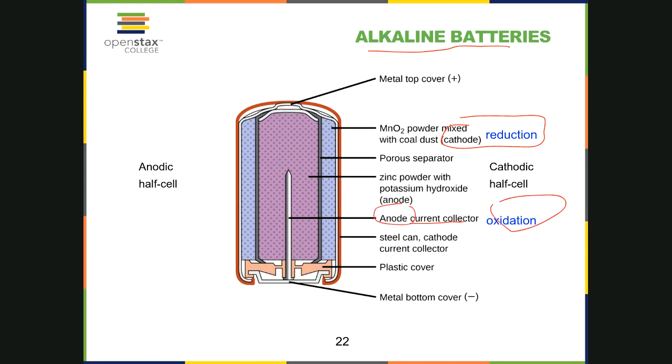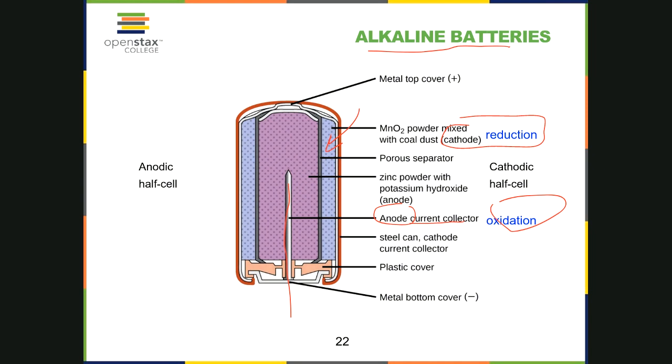And that current collector is this metal rod that goes in the middle here. And then our cathode is a manganese oxide powder combined with coal dust. Anyway, it's this stuff out here.